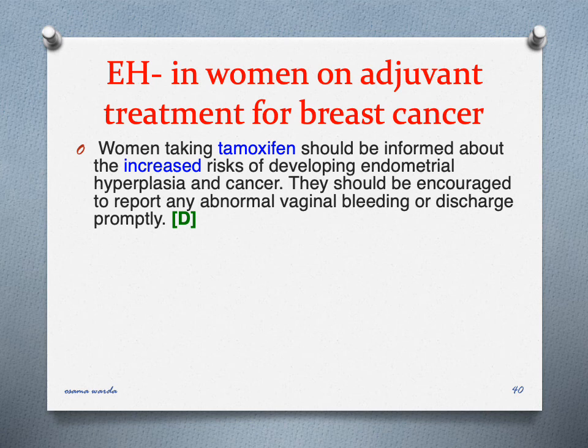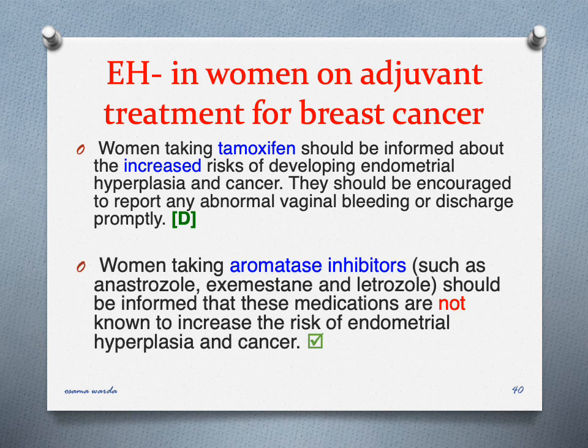They should be encouraged to report any abnormal vaginal bleeding or discharge promptly. Women taking aromatase inhibitors such as anastrozole, exemestane, and letrozole should be informed that these medications are not known to increase the risk of endometrial hyperplasia and cancer, unlike tamoxifen.